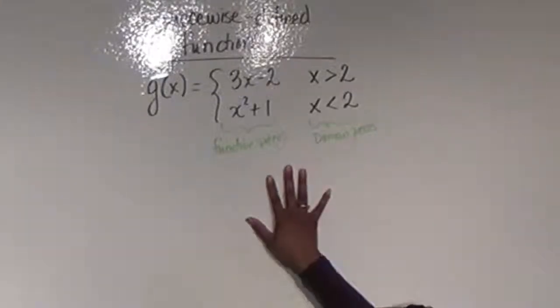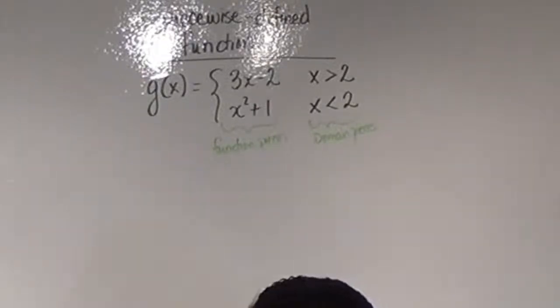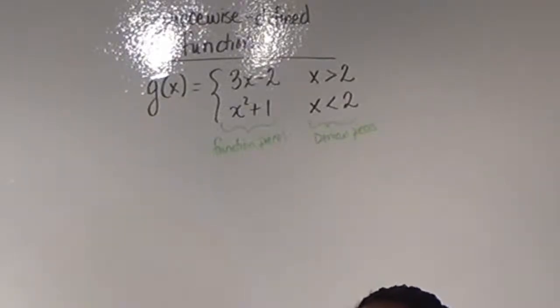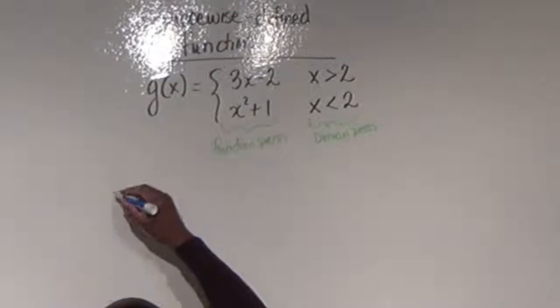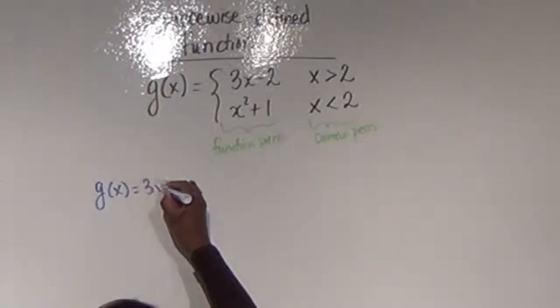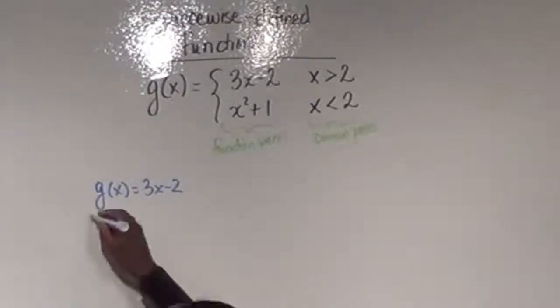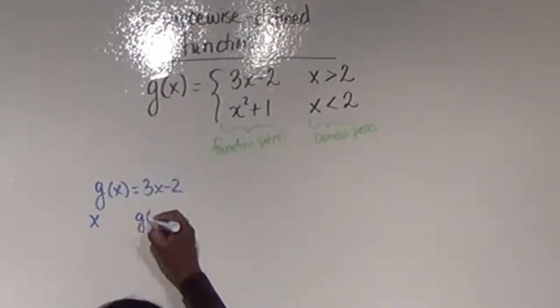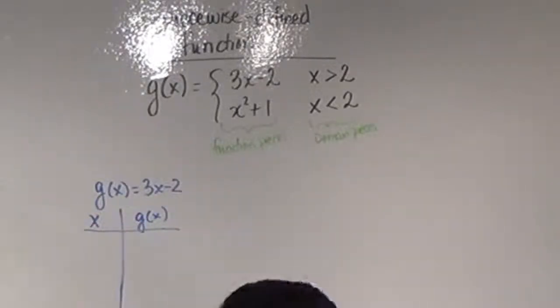So when I go to graph this, I can still point plot if I'm not sure what these pieces look like. If you know what the pieces look like, you can just graph them for their domain. So this first one, I'm going to look at g of x equaling 3x minus 2, and I'm going to come up with some ordered pairs.